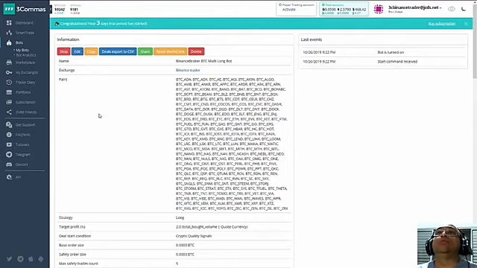Okay, 3commas is much more than a bot platform. You have the smart trades where you can manually buy and sell your coins.